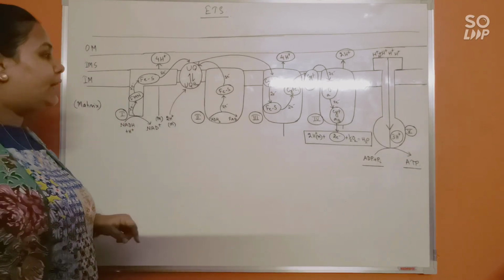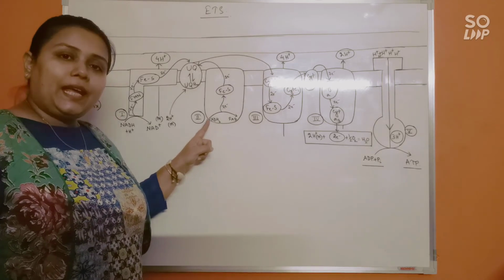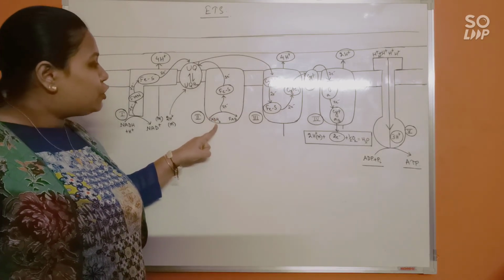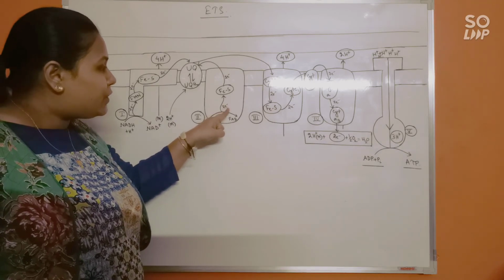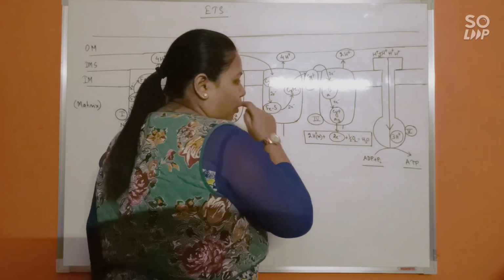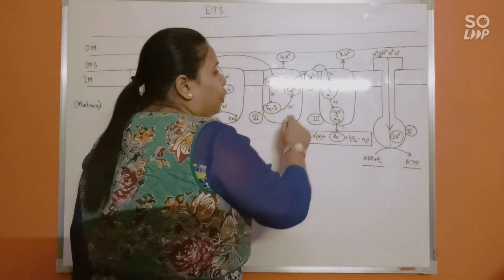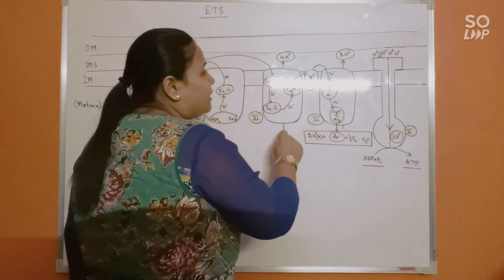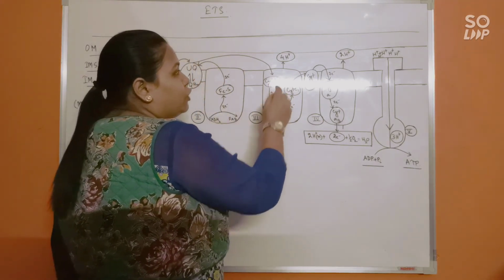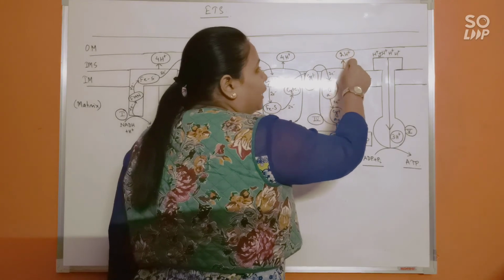But on the other hand, FADH2 enters the ETC only in complex 2. So FADH2 releasing the electrons, these electrons are only going to pass through complex 3 and complex 4, so the total protons being channelized by FADH2 will be only 4 and 2 here.